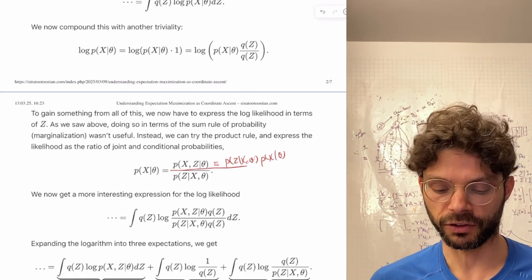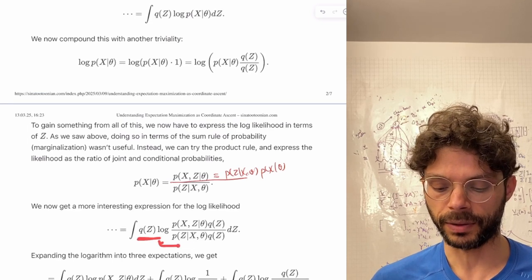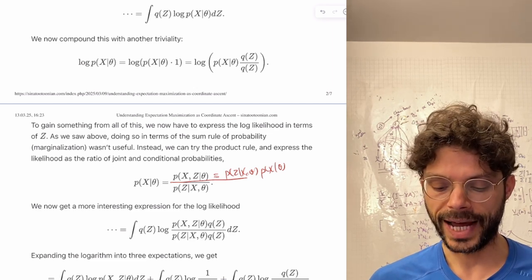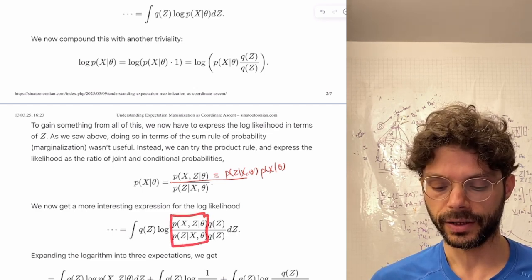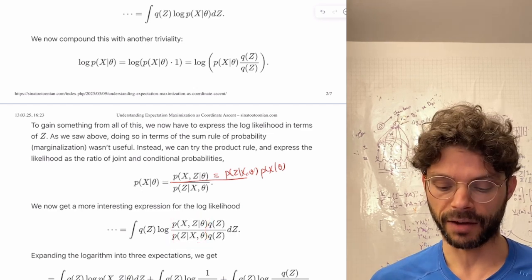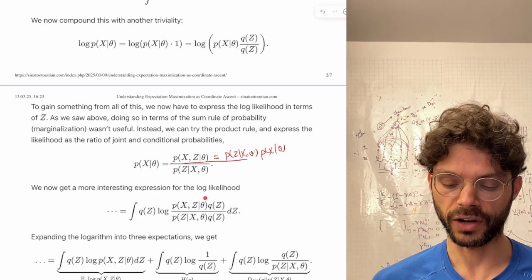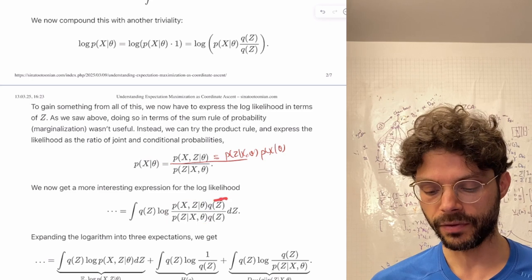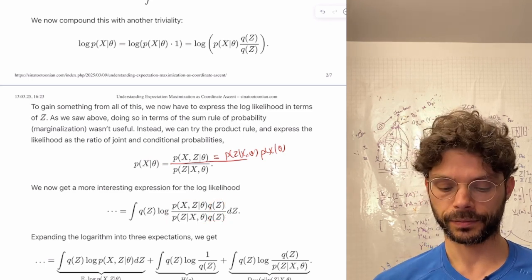So now we get a more interesting distribution. We've got the q of z that was multiplying the log likelihood, and now we've expressed the log likelihood in terms of z in an interesting way. We've got this ratio that is going to be the ratio explaining p of x, and we've got these two terms hanging out.